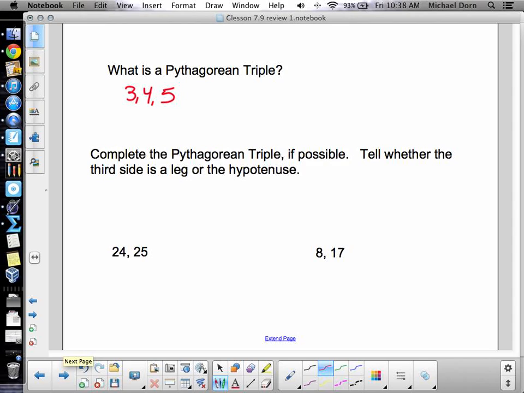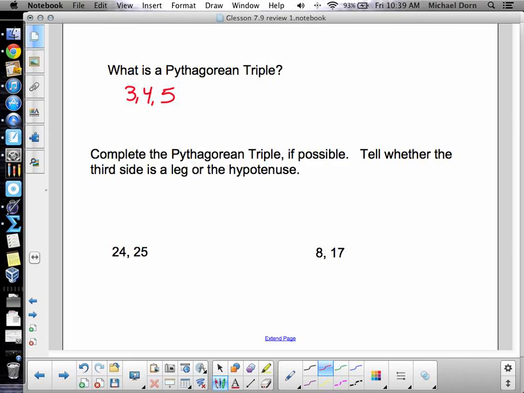Besides for Pythagorean theorem, yeah, 3 squared plus 4 squared equals 5 squared, doesn't it? Yeah, you're right. That's what Pythagorean triple is. It's a set of 3 whole numbers, not radicals, not decimals, not fractions.